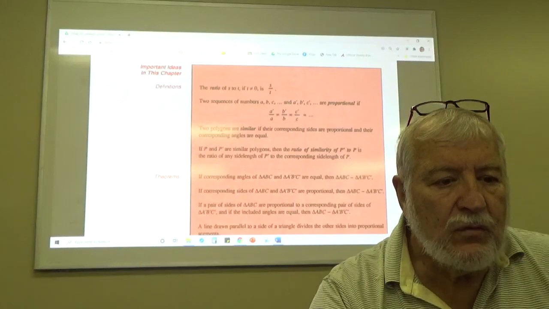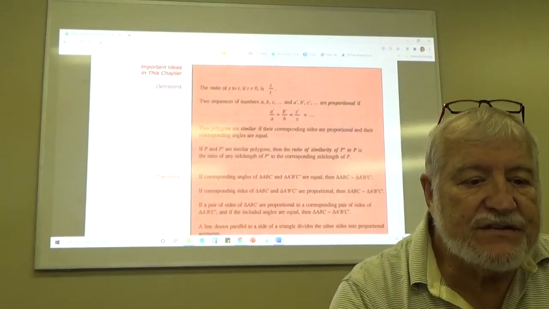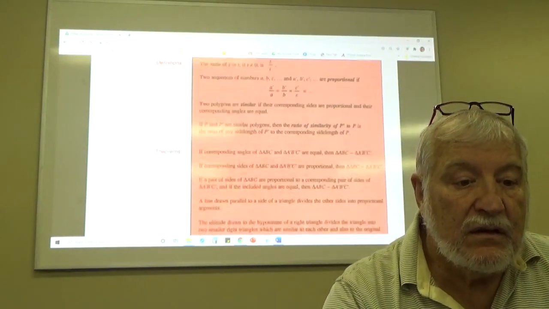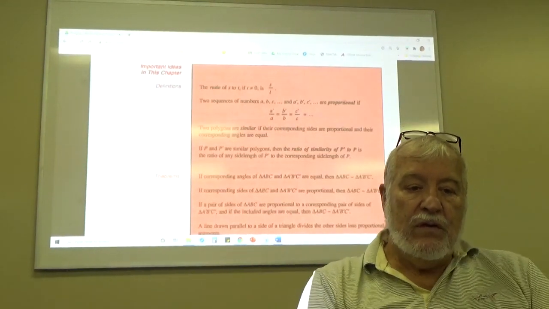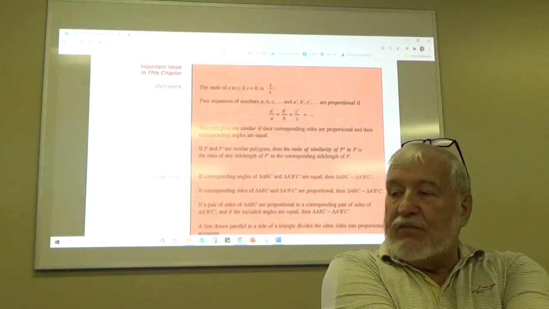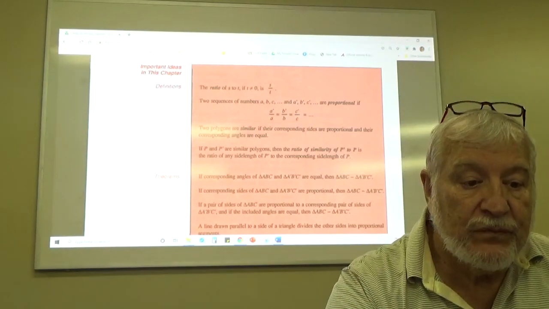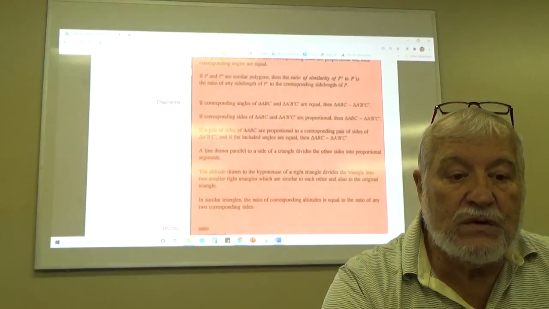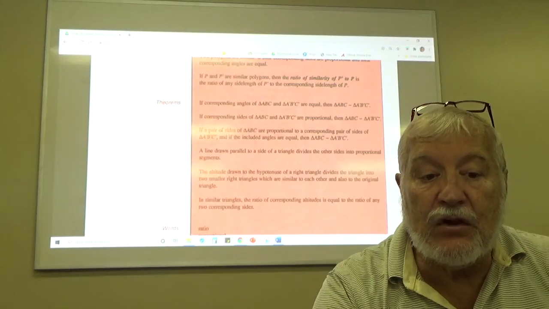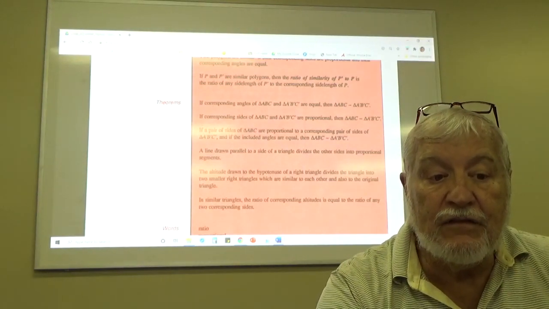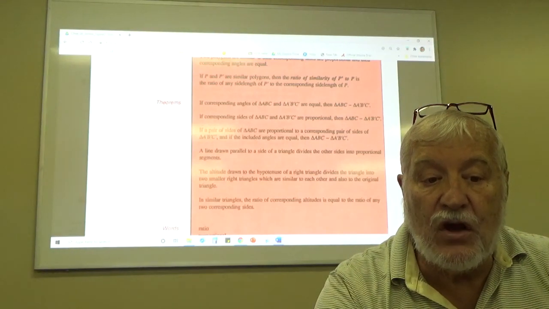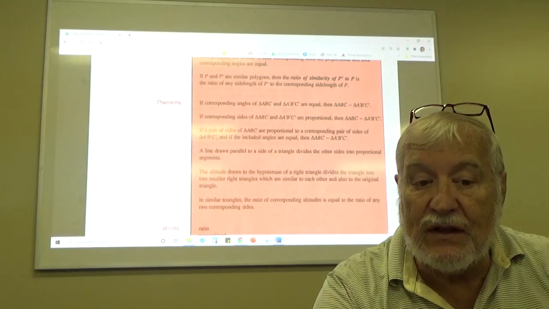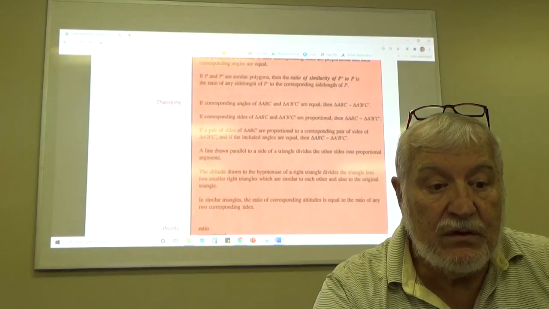Okay, so ratio of a side to side, we've talked about that. If they're proportional, then it means that you can set up fractions. All right, corresponding angles are equal, right? If all the corresponding angles are equal, then the triangles are similar to each other.